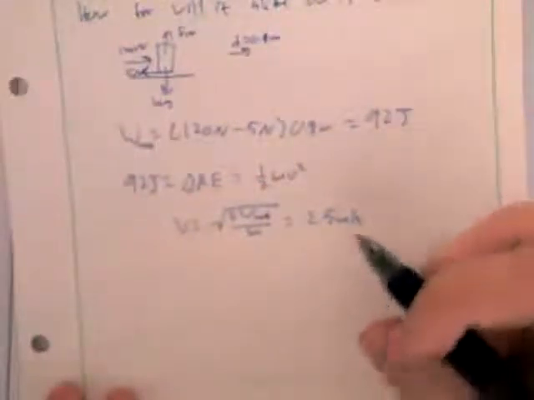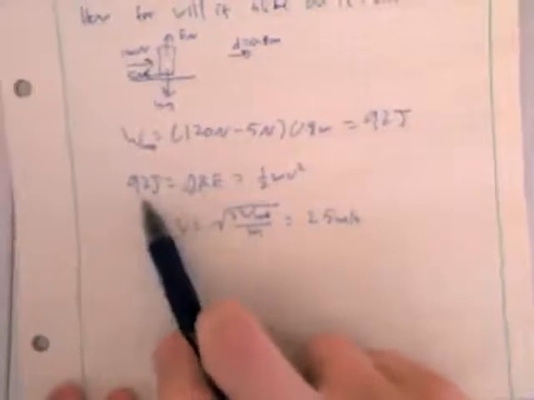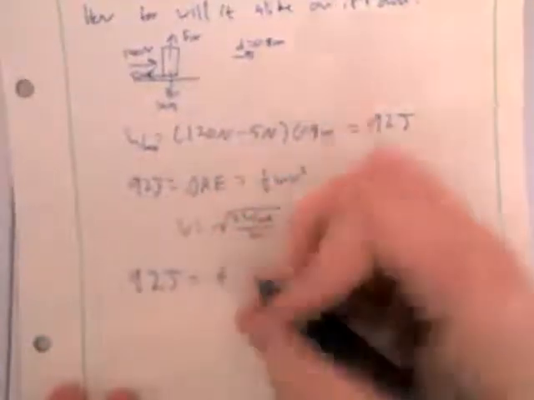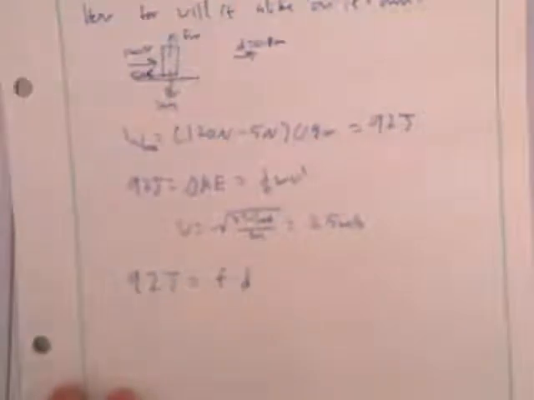So in order to bring this box to a rest, the frictional force has to do negative 92 joules worth of work. So we can simply say that, as long as we take the magnitude of friction, 92 joules equals the frictional force times the distance, right?